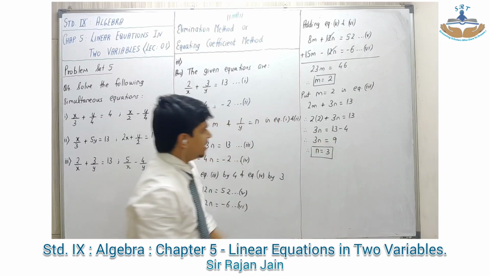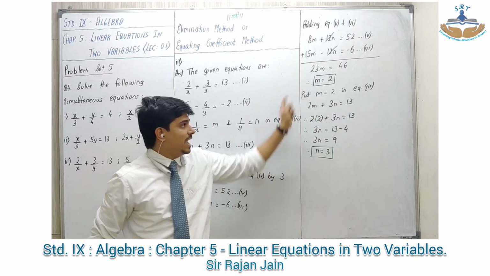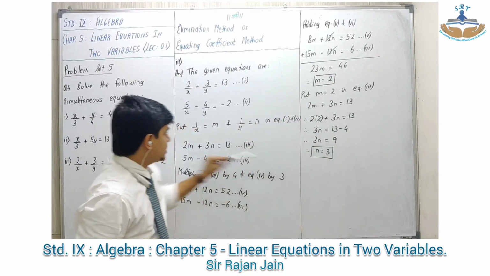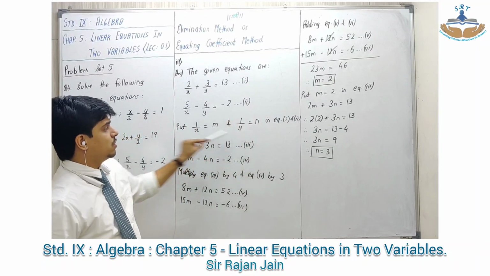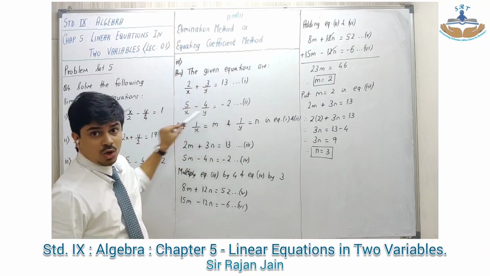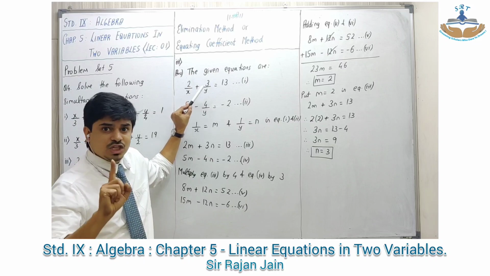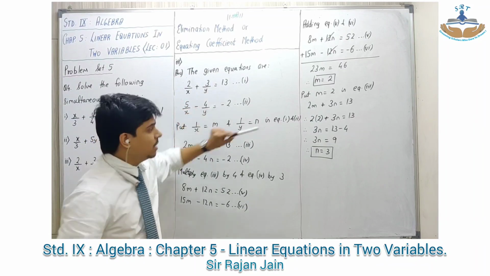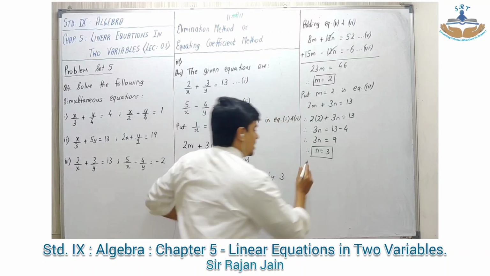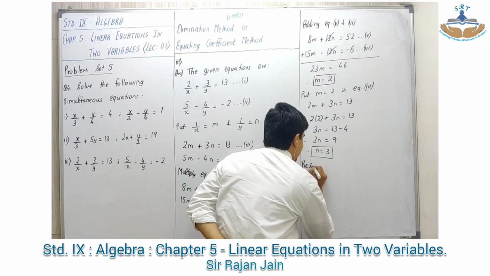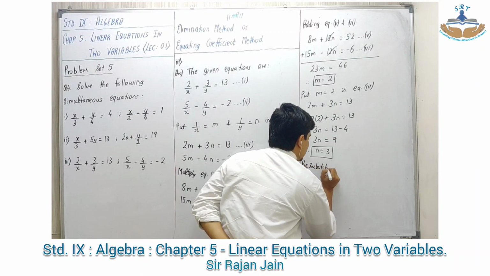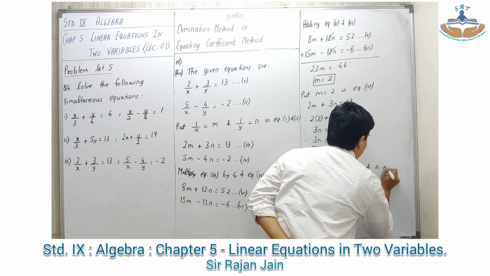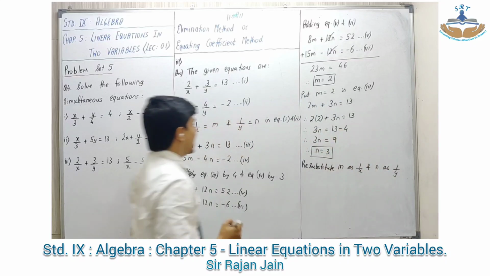Now obvious है, your final answer cannot be m equal to 2 and n equal to 3 because these two variables we have put in the equation. They were not given in the original equation. Original equation में x और y है, so you have to get the values of x and y only. Once you get m and n, now you can resubstitute m as 1 upon x and n as 1 upon y. मैंने क्या किया था?